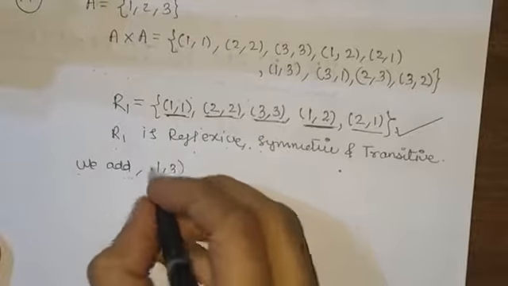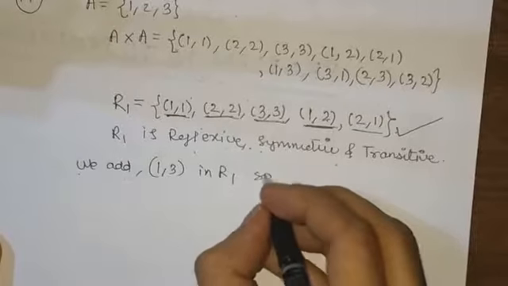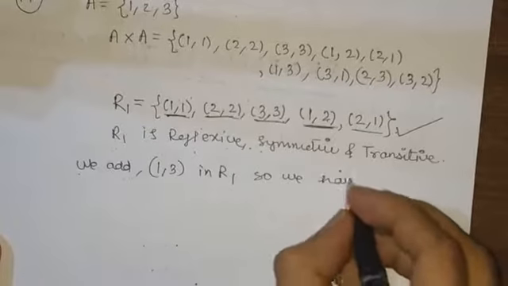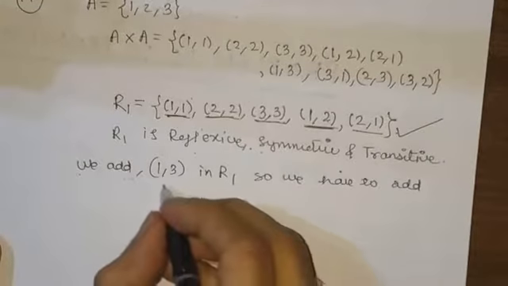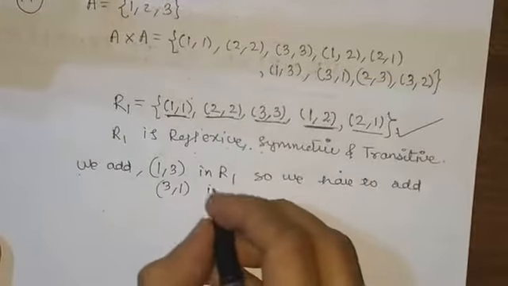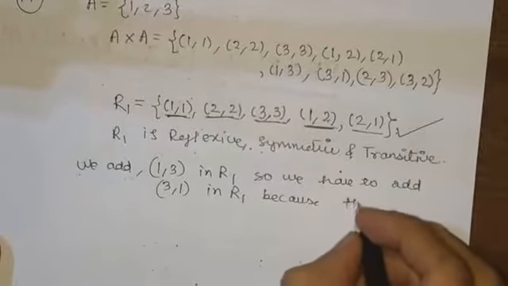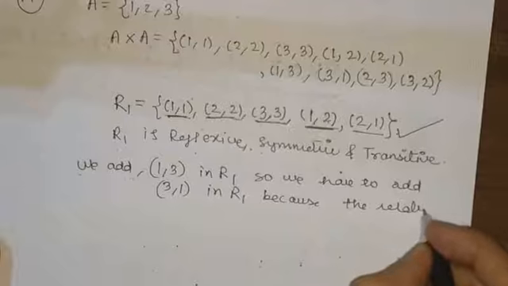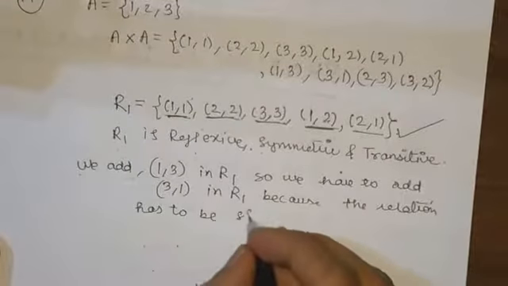So we add 1 comma 3 in R1. So we also have to add 3 comma 1 in R1, because the relation has to be symmetric.